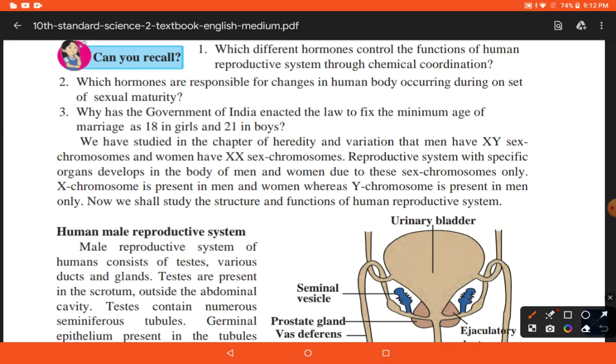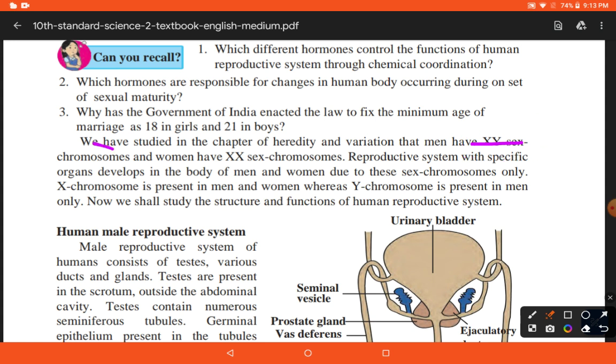Look here. So you see, in the chapter of heredity and variation, I know I have not taught you, but you might have learnt it sometime in your classes. So remember, in that chapter we learned that men have XY.